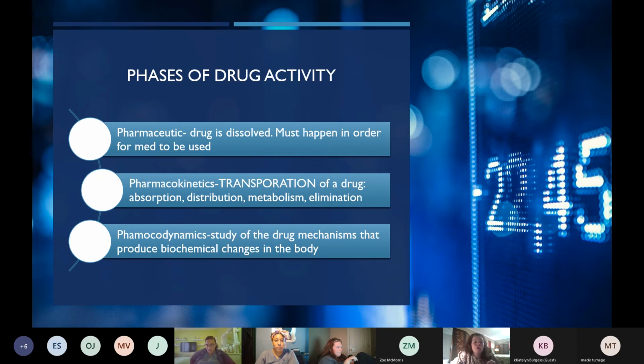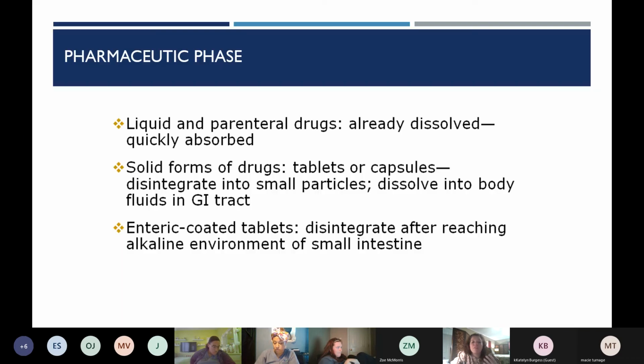So the pharmaceutic phase is the phase in which the drug is dissolved, right? So the pharmaceutic phase will be shorter in a liquid medication than it will in a capsule or a sustained release pill. Do we all agree? Something that's already dissolved, they're going to absorb more quickly.